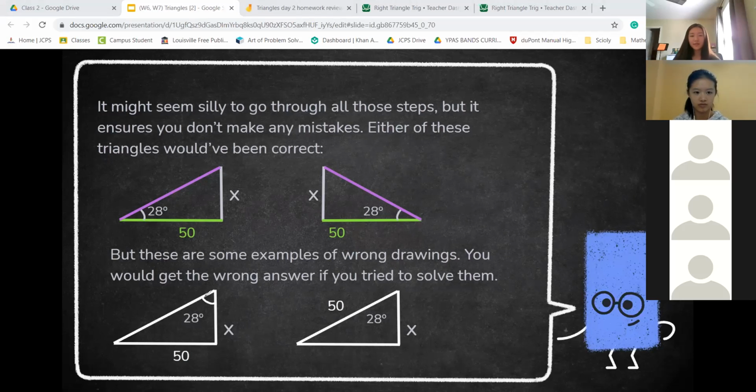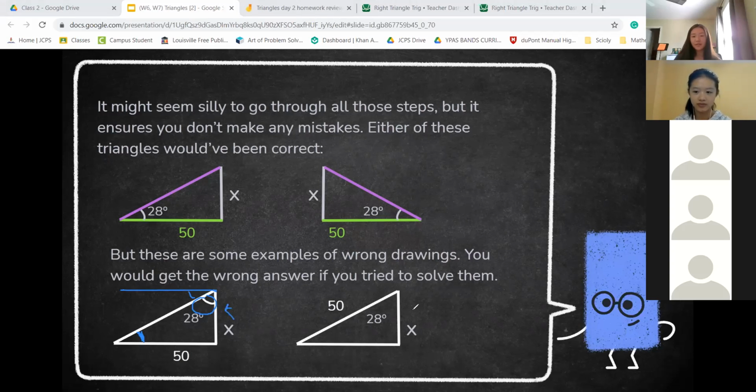This one wouldn't be right because, well, actually it wouldn't be the angle of depression. The angle of depression would be over here. This is just an angle of the triangle. The angle of elevation would be this one, so that's why this one's wrong.